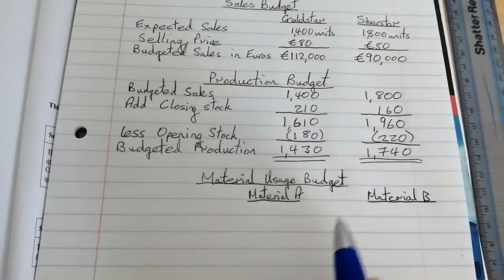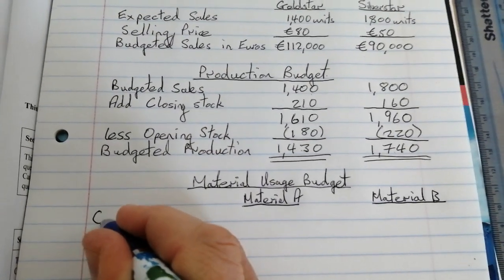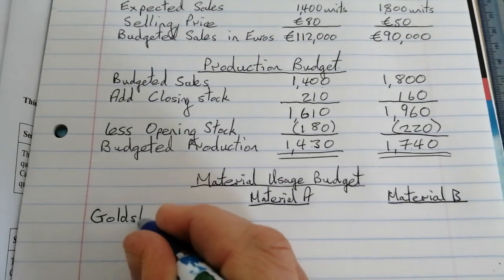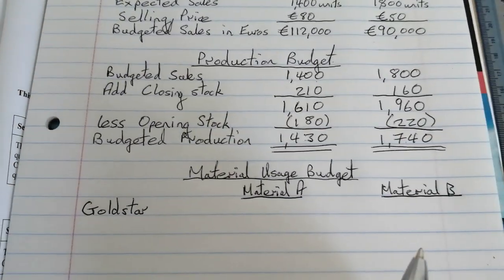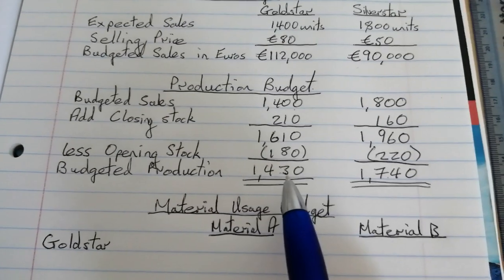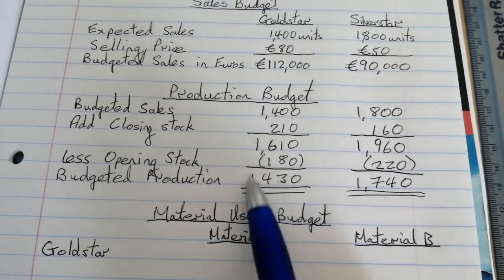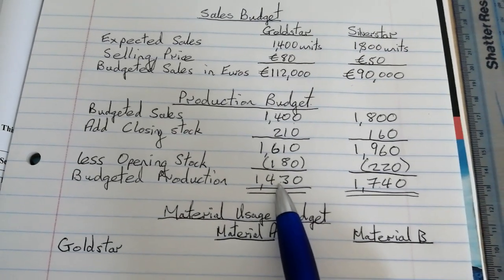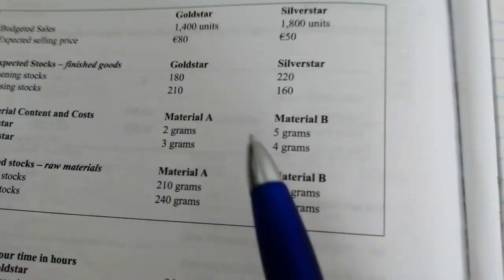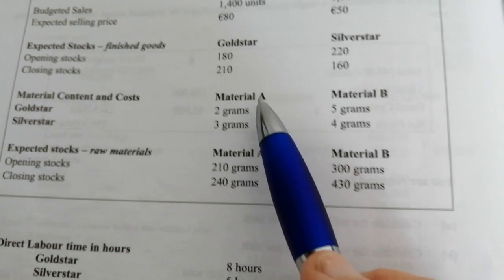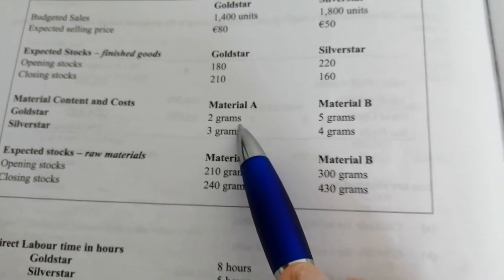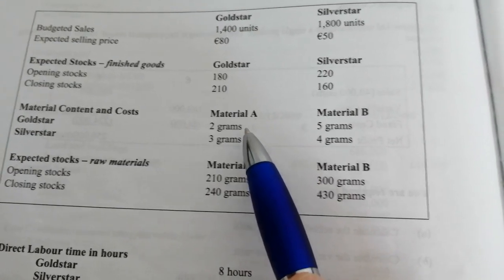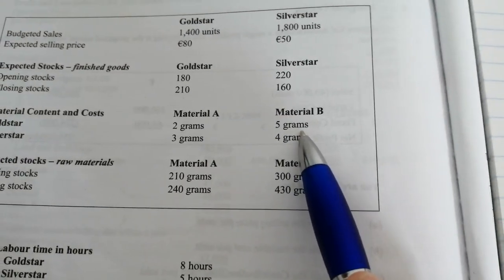So first of all, we want to find out how much of material A and material B we'll need to make all the gold stars that we intend to make. Okay, so we have to look back to the production budget to see how many gold stars we intend to produce, and that's 1,430. Okay, so then we look over here, and for material A, it's 2 grams for every gold star that we make. 2 grams of material A goes into making one of them, 5 grams of material B goes in.